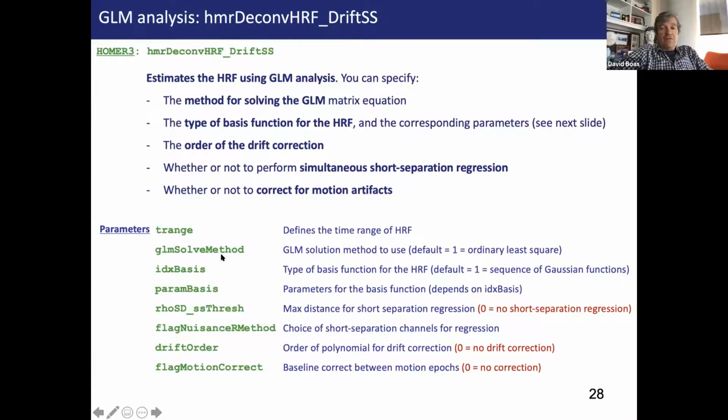You have a solve method. The traditional way to do this is ordinary least squares. This assumes that there are no temporal autocorrelations in the residual of your model fit of the data. You could put a value of 2 here, which is a much more advanced filtering method that tries to remove those temporal autocorrelations.